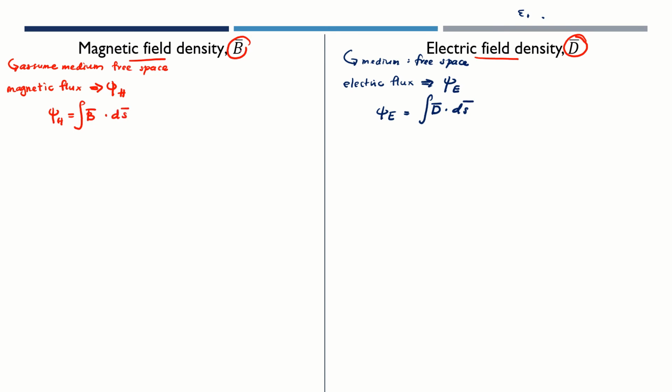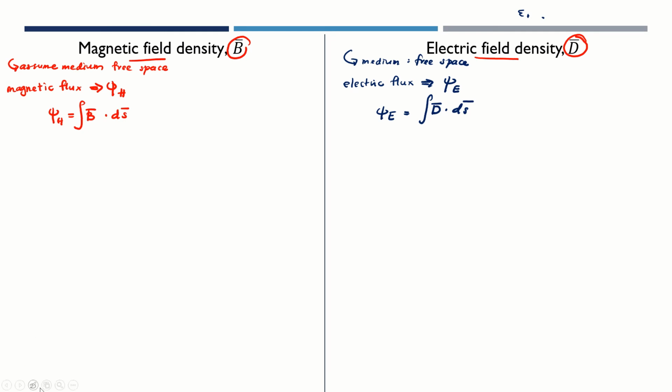Because magnetic field density is represented as B, we have to replace this D with B. But the rest is the same.